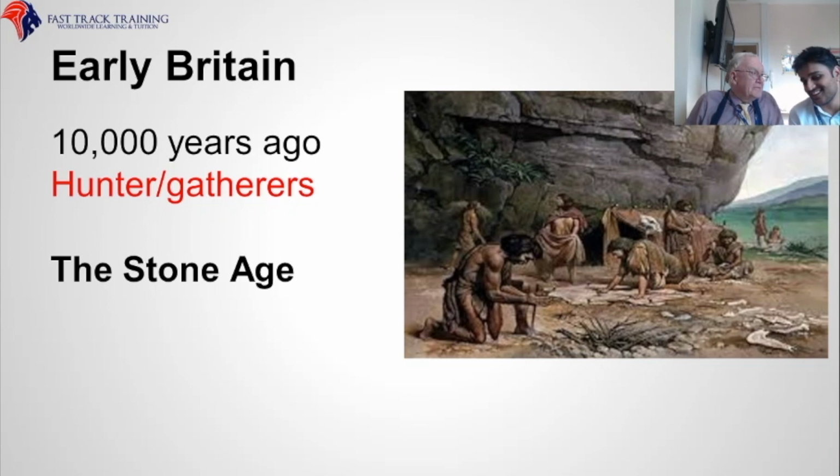In Urdu, we call hunter-gatherers shikari, and we call Stone Age Patthar Zamana. So this is 10,000 years ago, and if we're in the year 2020, you go back 2020 years, plus another 8,000 years, so this is a long time ago.